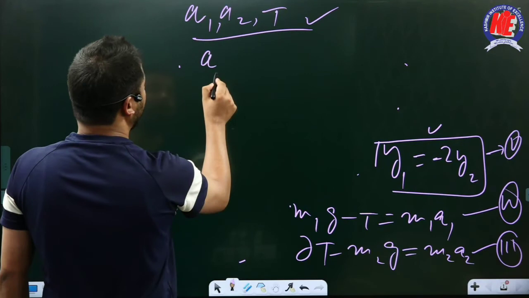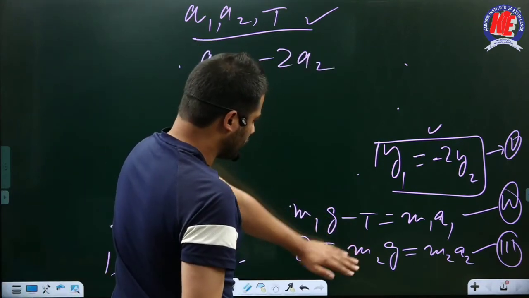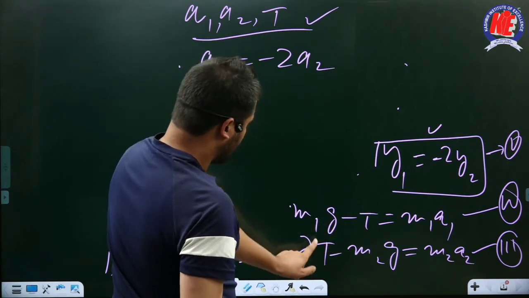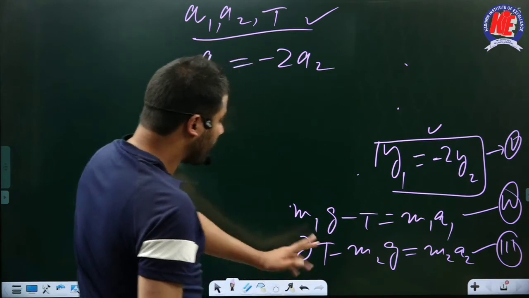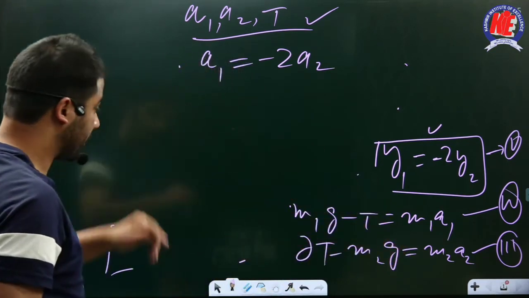Now so far I got here my a1 is minus 2 times a2. Now I am going to make use of these two equations. So basically, what will I do here, my a1 is minus 2 times a2.